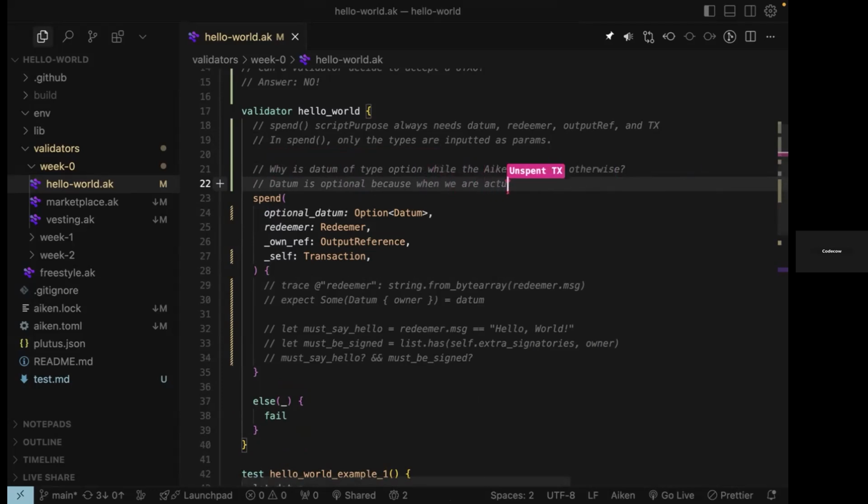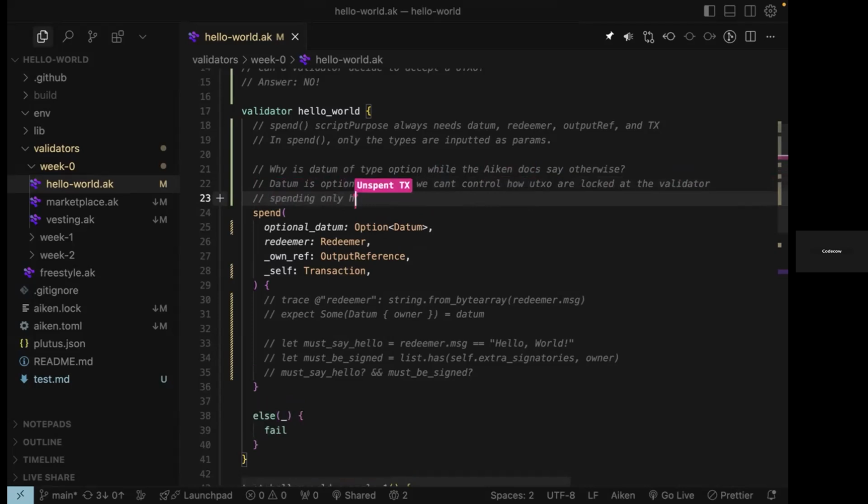when we are actually spending the UTXO, datum is optional. Okay, I got it. Don't worry, guys. It is optional because we can't control how UTXOs are locked at the validator.